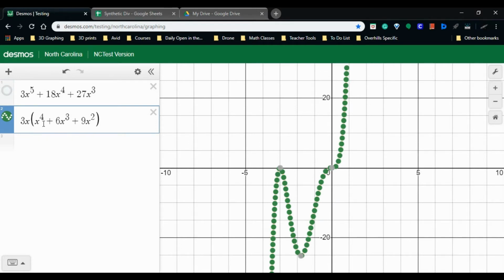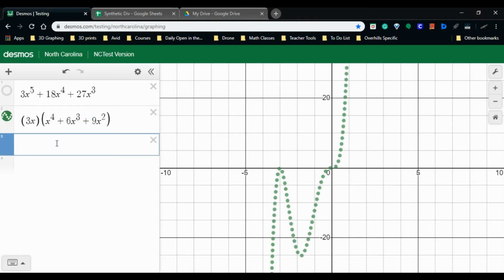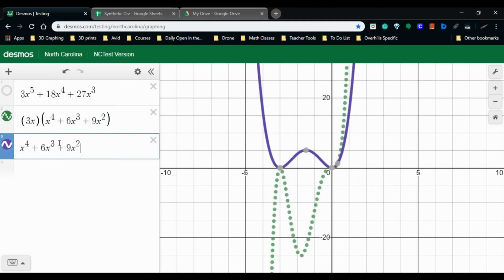If I know that 3x is a factor, and let me put that in parentheses, and I know that this number is a factor, then any factor of what I have already highlighted is also going to be a factor. So I'm going to put this into a new line, but I'm always going to come back to it. Okay, so I'm putting this in a new line, and I get this different graph.